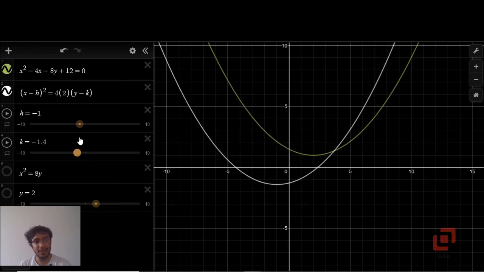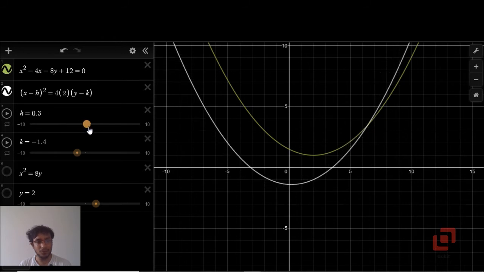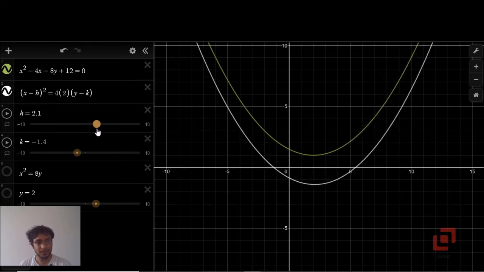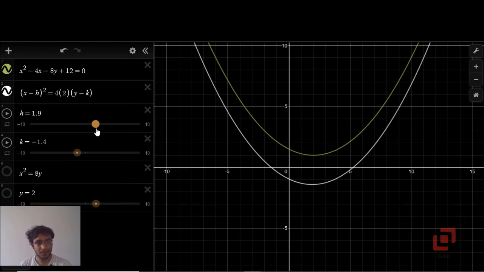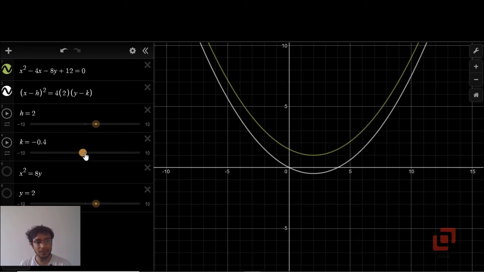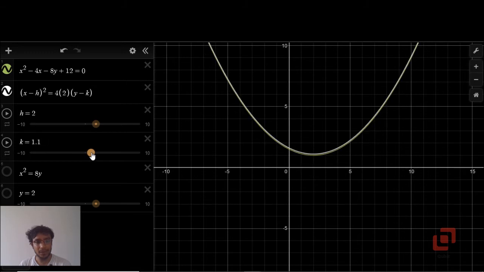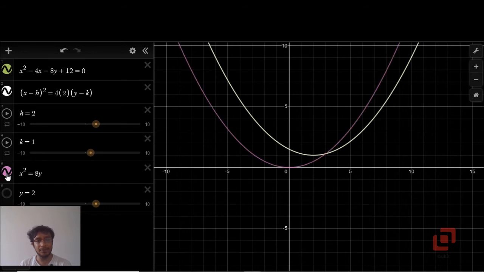So it is only at this value, when h is equal to 2 and k equal to 1, that the parabola coincides with the green parabola. So on shifting the origin to (2, 1), the new equation of the parabola will be x squared equal to 8y.